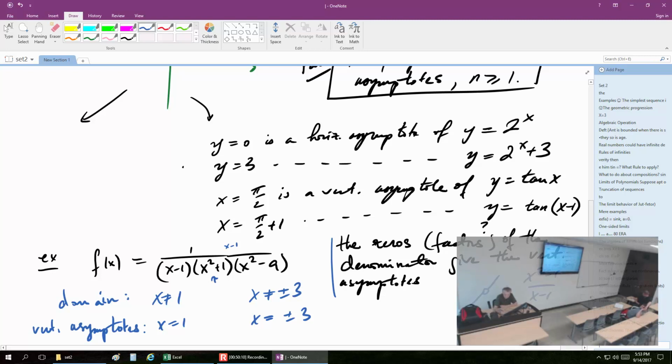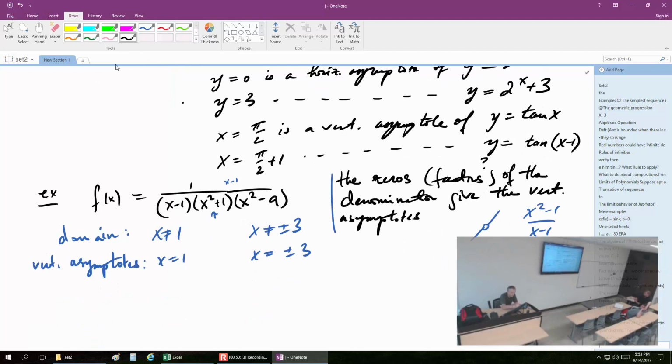Now, let's see if you remember from not long ago. Let's just look at this function first. What can you say about horizontal asymptotes? Well, usually there's only one. So is there a horizontal asymptote?